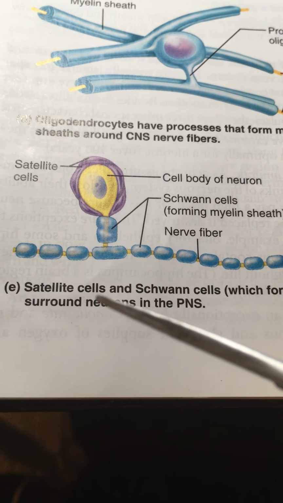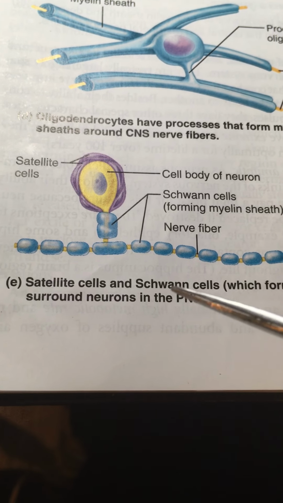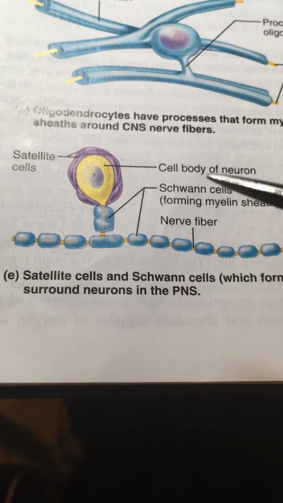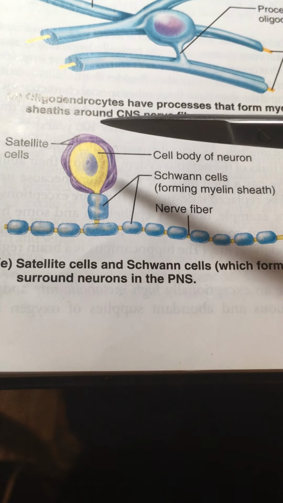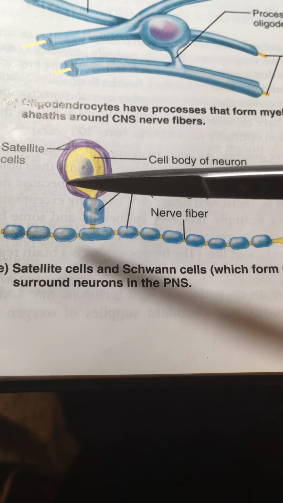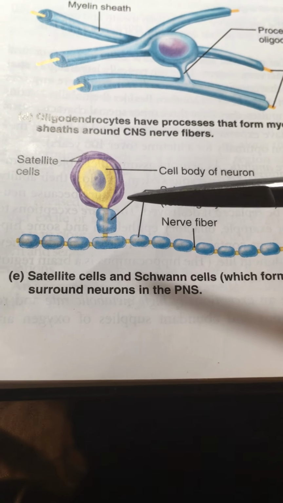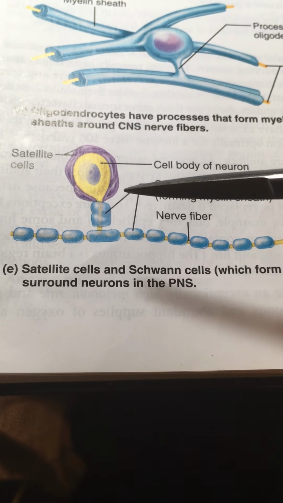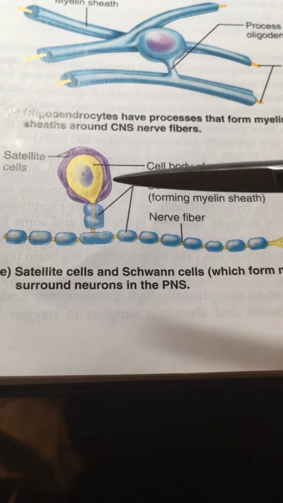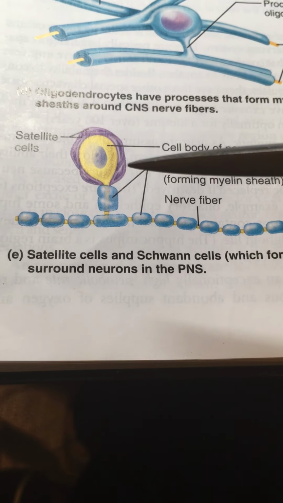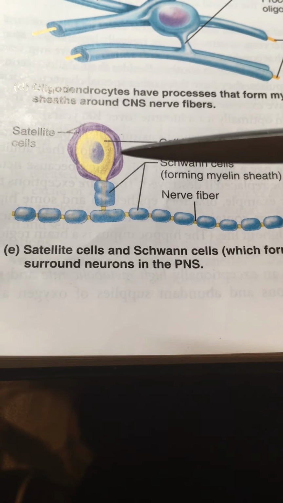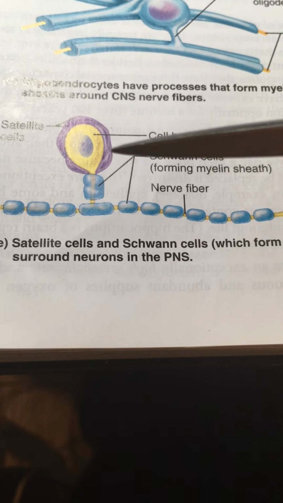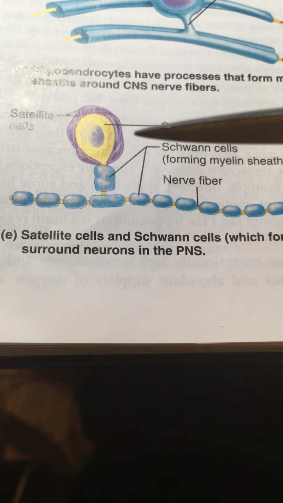Down here we have both satellite cells and Schwann cells. The satellite cells, as you can see, are surrounding this cell body, and we're out in the peripheral nervous system where the cell bodies collectively arrive, or that is to say they're occupying something called a ganglion.